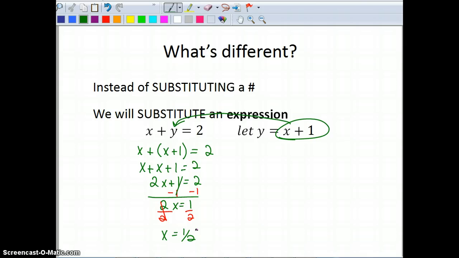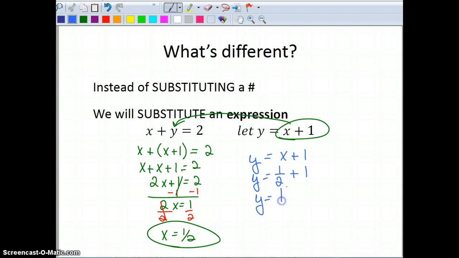Now if x is 1/2, what's y? Well, y is x plus 1. What am I going to plug in for x? I just found it. I'm going to plug in 1/2. So when I want to find y, y is equal to x plus 1. x is equal to 1/2, so y is equal to 1/2 plus 1.